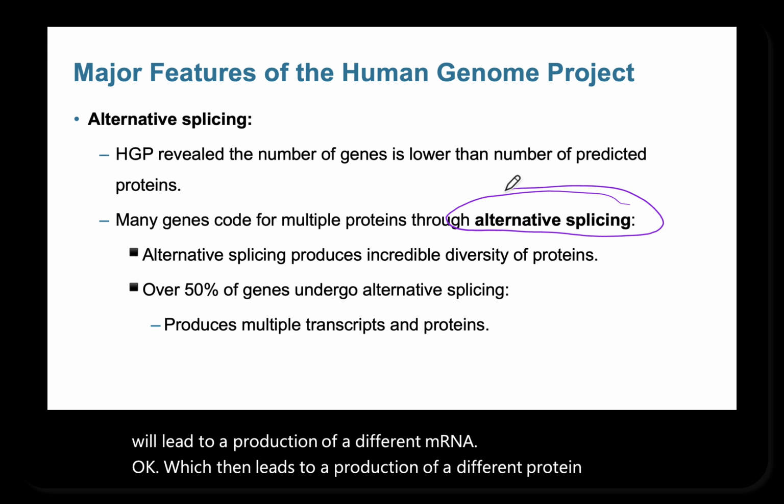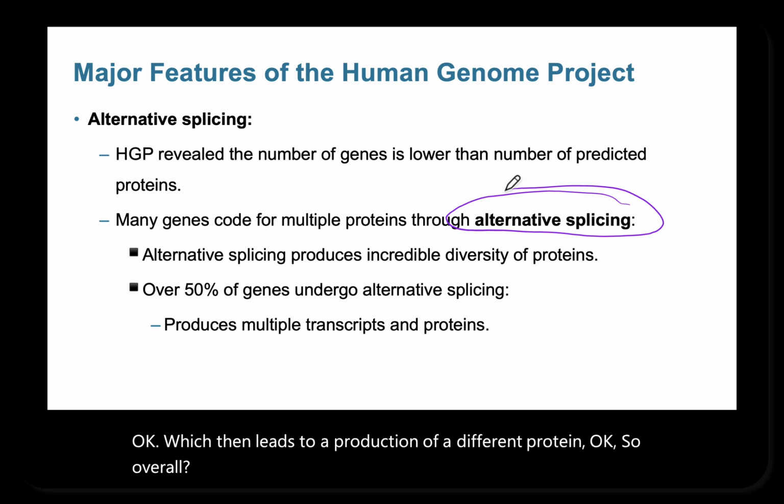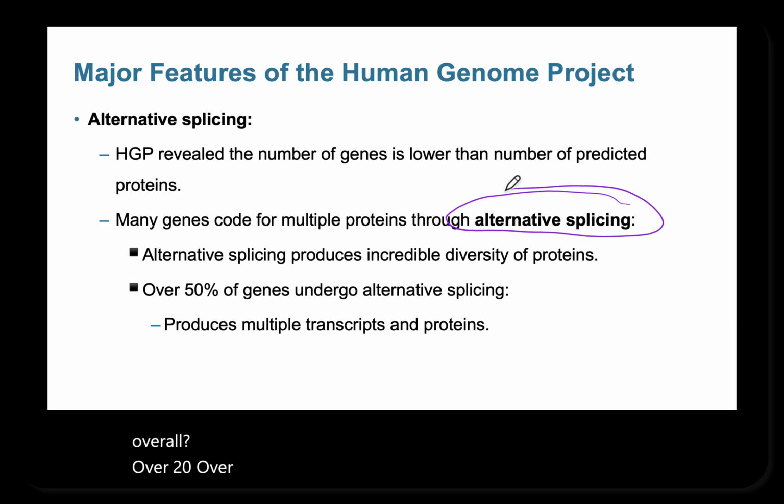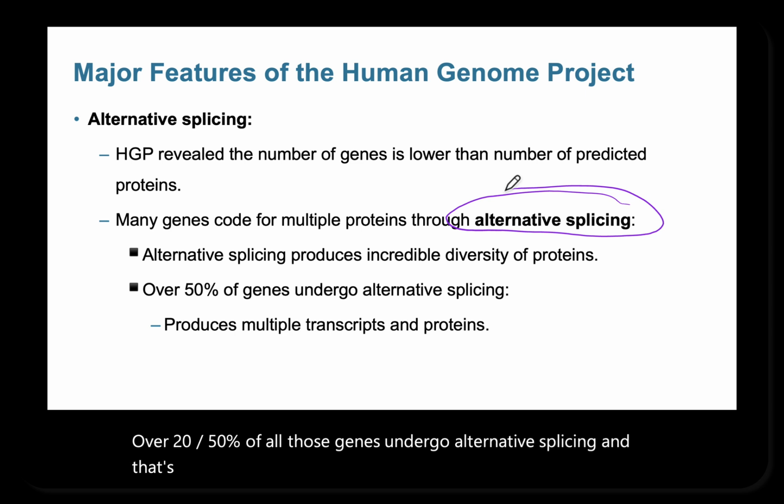So overall, over 50% of all those genes undergo alternative splicing. And that's how one single gene can produce multiple transcripts, therefore multiple proteins.